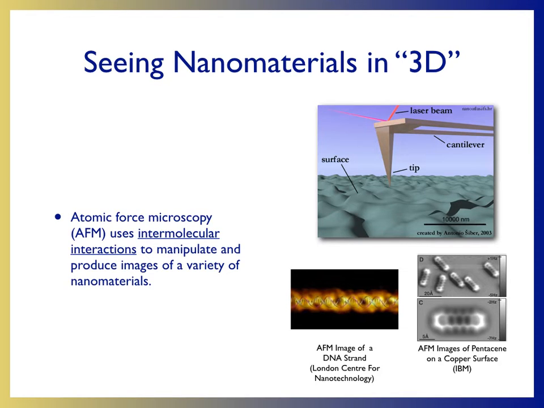They show a picture of pentacene, which is a molecule composed basically of 5 benzene rings fused together. The hexagonal pattern of the molecule is clearly visible in this image. Therefore, AFM has allowed us to be able to image single molecules as well as nanomaterials.